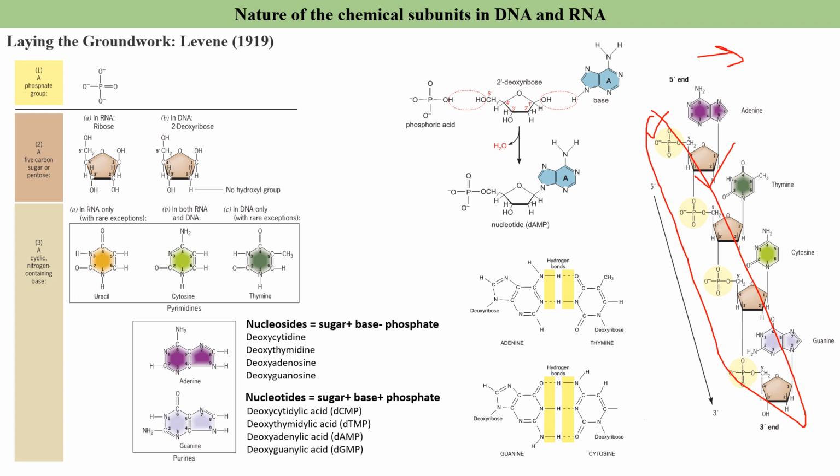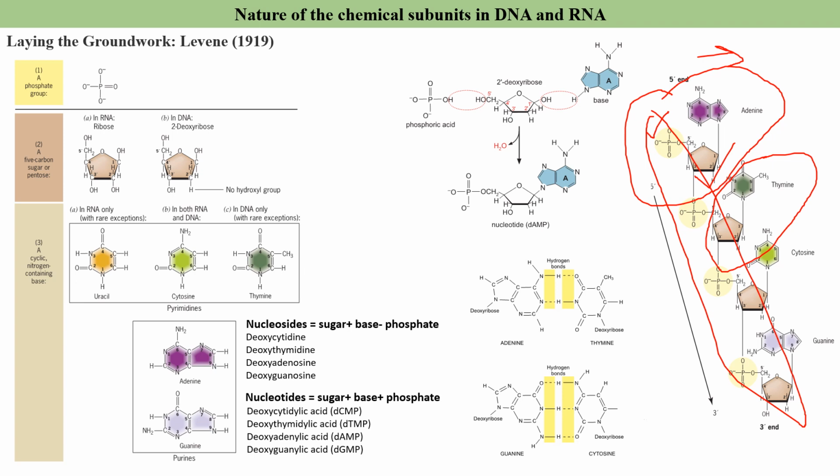So what is a nucleotide? Nucleotide is sugar plus base plus phosphate. So this entire thing forms a nucleotide, while this entire thing forms a nucleoside. So DNA is made up of polynucleotides. Alright.